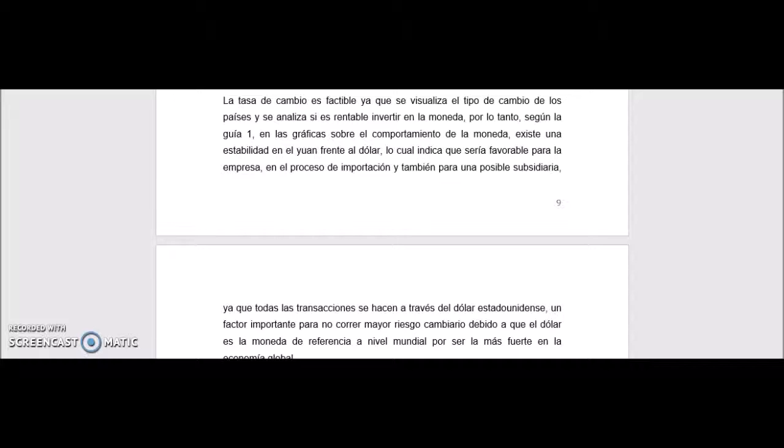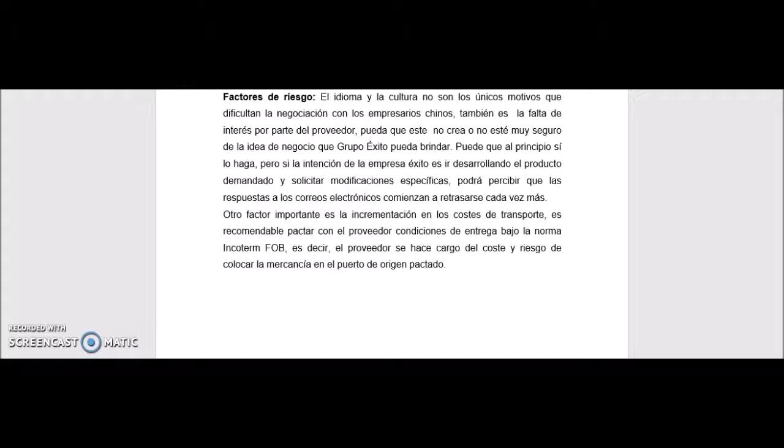As well, there is a high stability in the yuan in comparison with the dollar, so it will be very good for the company in this import process, and also to establish a possible subsidiary in China, as all the transactions are made in dollars. So that helps to mitigate the exchange rate risk.